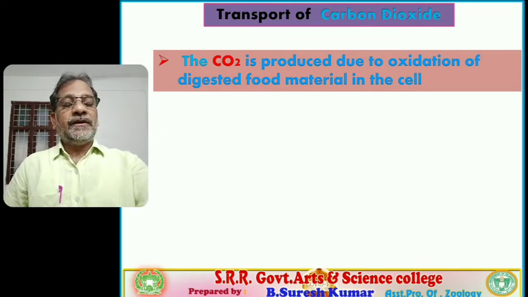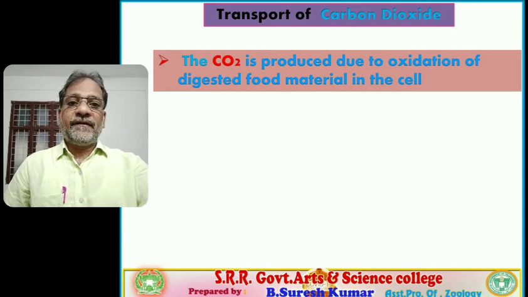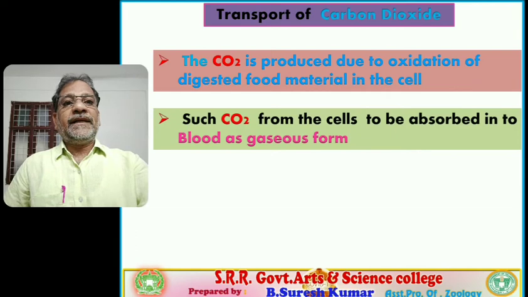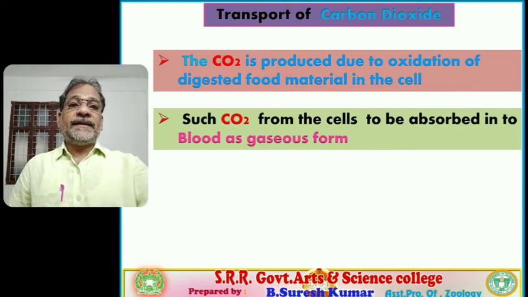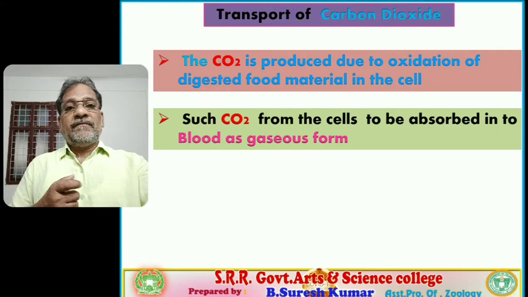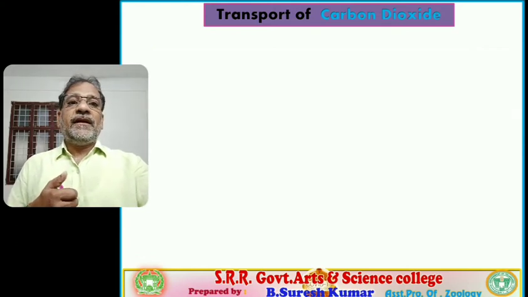Not only oxidation of digested food material, any catabolic reaction yields carbon dioxide. Such carbon dioxide from the cells is absorbed into the blood in gaseous form. Remember, the carbon dioxide produced in the cell is absorbed into the blood in what status? Gaseous status. Okay, right.